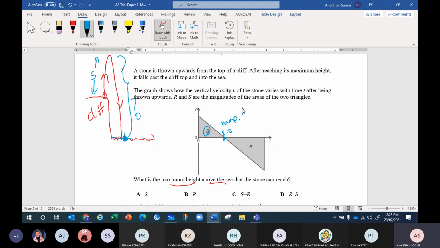So S is the area to go up. R is the total displacement, going down, right? What is the maximum height above the sea that the stone can reach? They want above the sea. So the answer should be R.